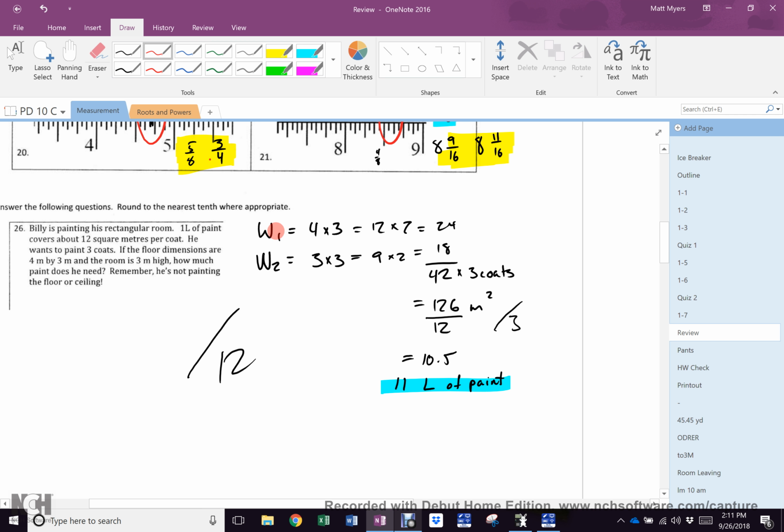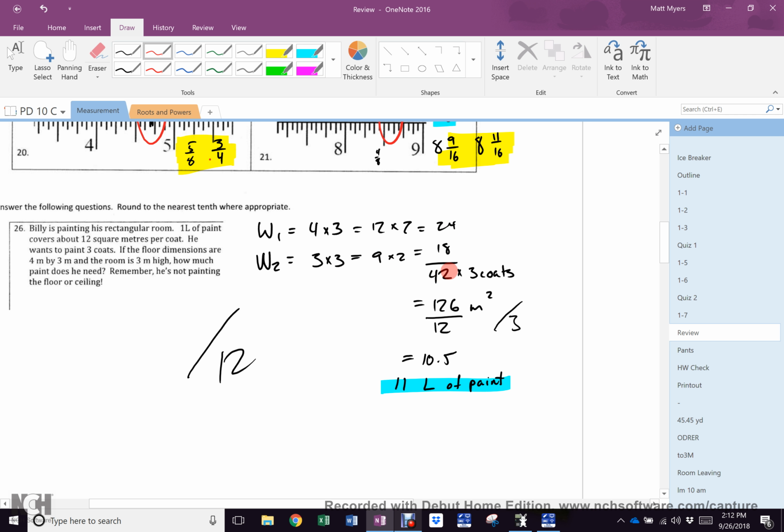The first wall is 4 meters along the floor and 3 meters up. 4 by 3 is 12, but there are 2 of those walls to get 24. Then there are 2 other walls in his room because he does not live on TV, and there are 4 walls. The other walls are 3 by 3 to get 9, of which there are 2 of them to get 18. You add them together to get 42.